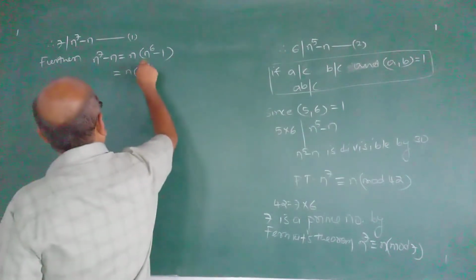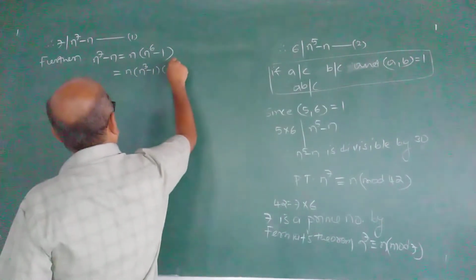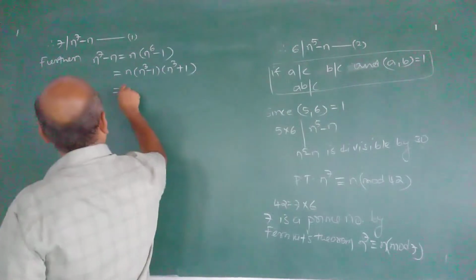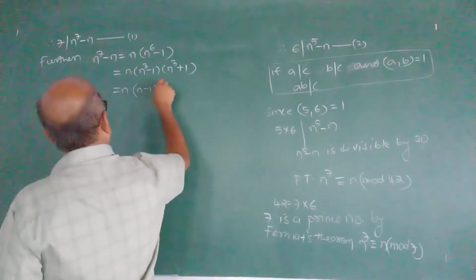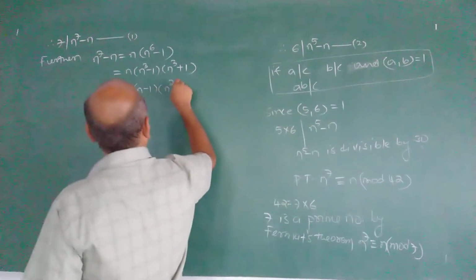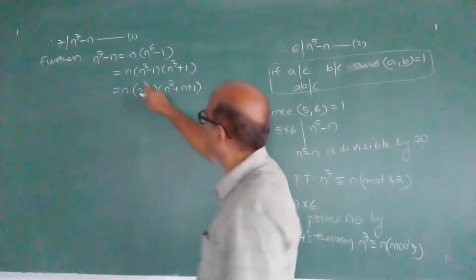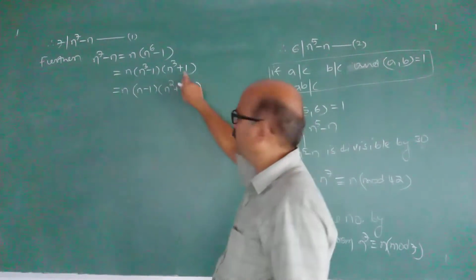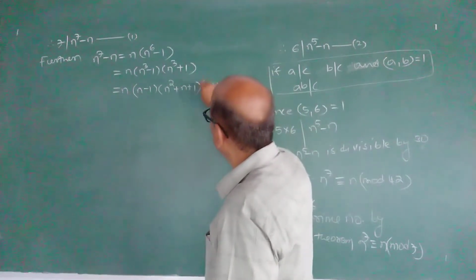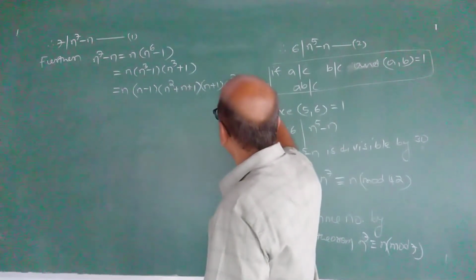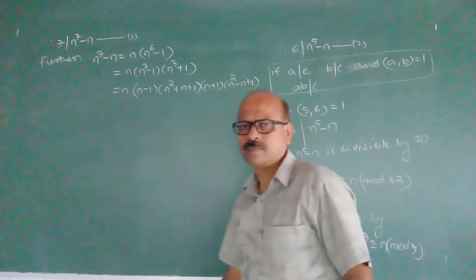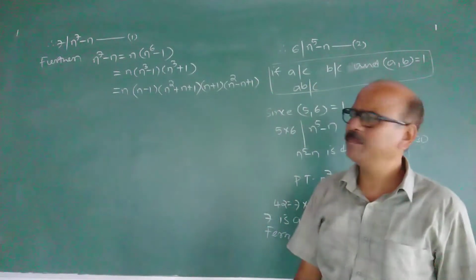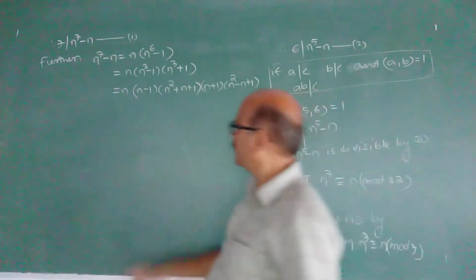N into n cube minus 1 into n cube plus 1. N into n minus 1 into n square plus n plus 1. Factorize n cube minus 1. Similarly, factor n cube plus 1. How to factorize? N plus 1 into n square minus n plus 1. We have factorized n cube minus 1 and n cube plus 1.